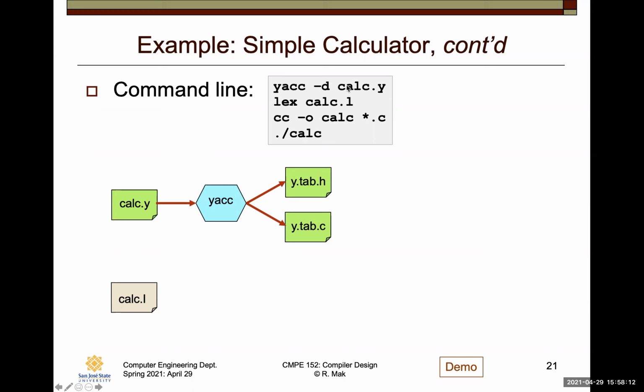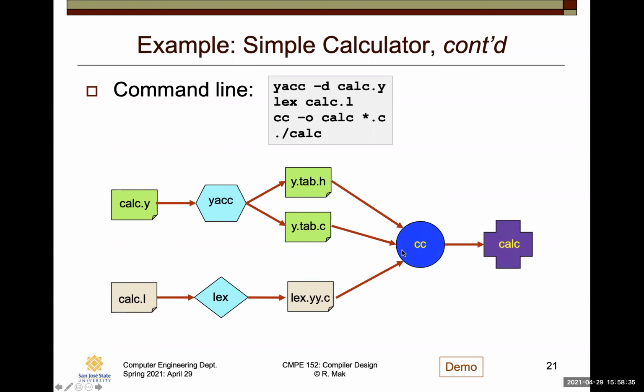Then we call lex using calc.l, and lex will generate lex.yy.c. So now we have .c files and .h files, and of course we then feed those into the C compiler, and that generates our calculator program.